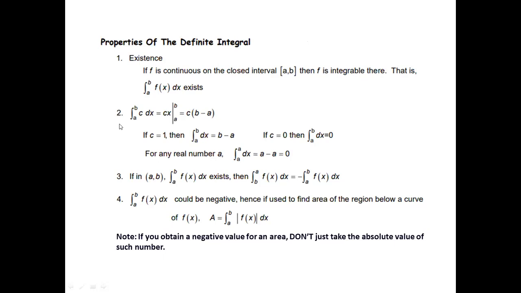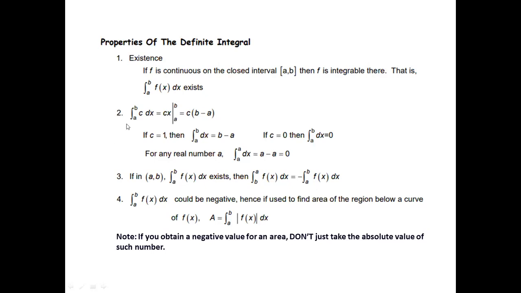That is, if you process this one, you will have a value that exists, a real value. That's according to the first property. The graph of a continuous function will be integrable and the value will exist.